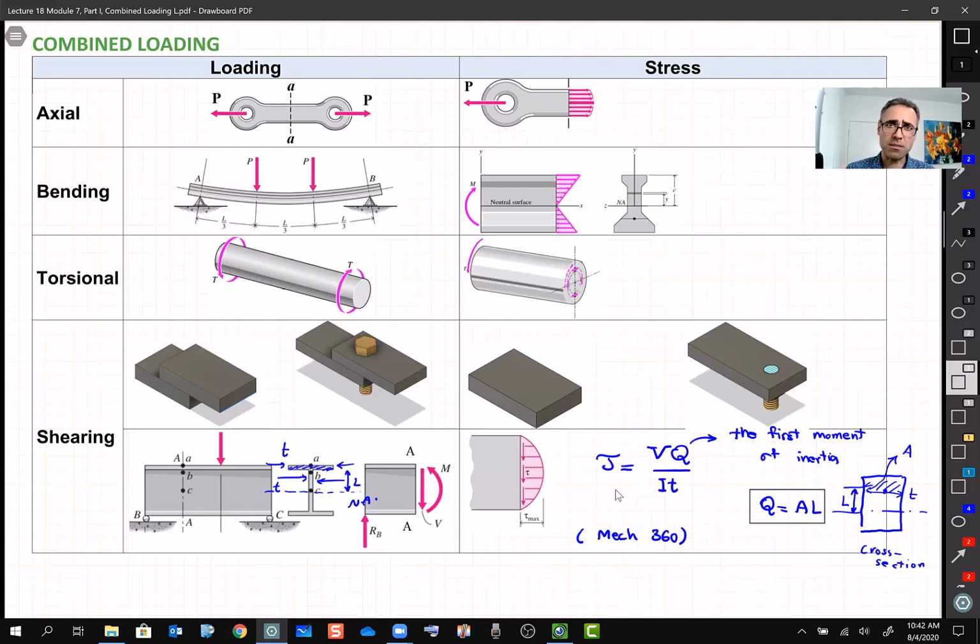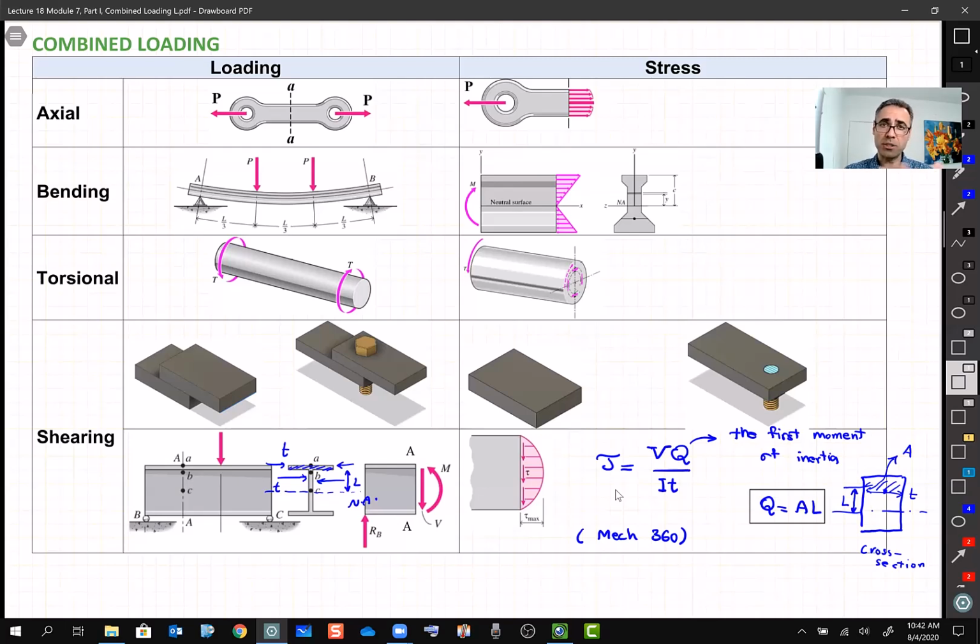All right, so this is a summary of what we've learned so far. Always keep it in mind that you have a shaft. It is under 4 types of loading: tension or compression, torsion, bending, and shearing. Shearing is more like you take a knife and try to cut this shaft from a point, like a shearing force trying to cut it.